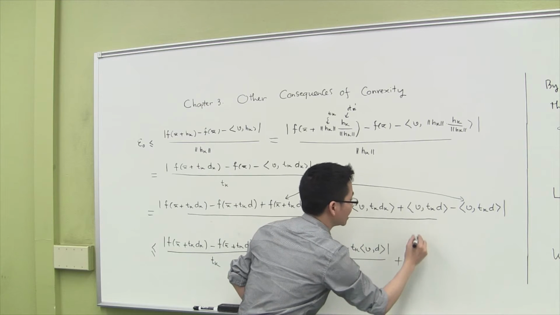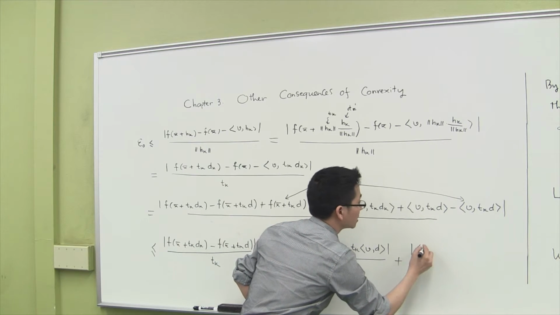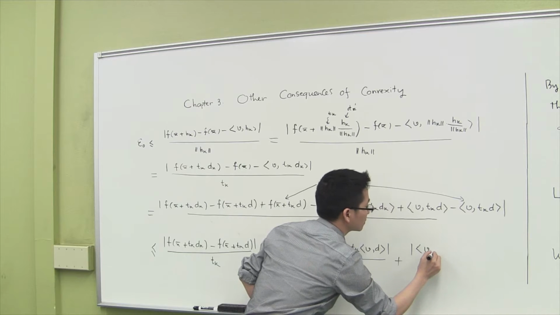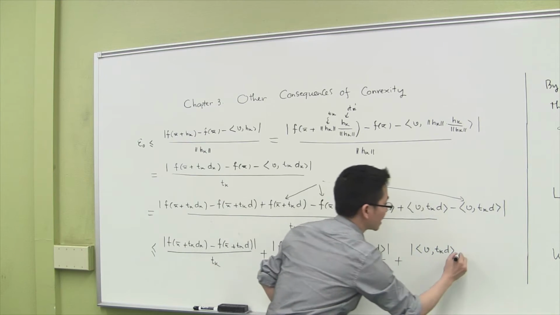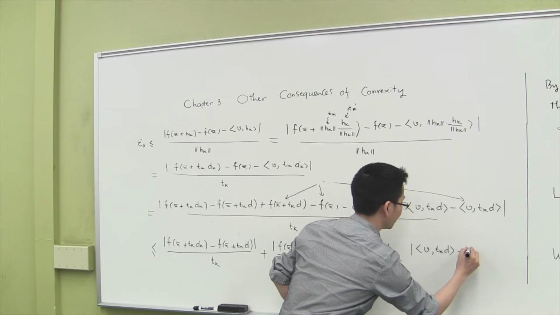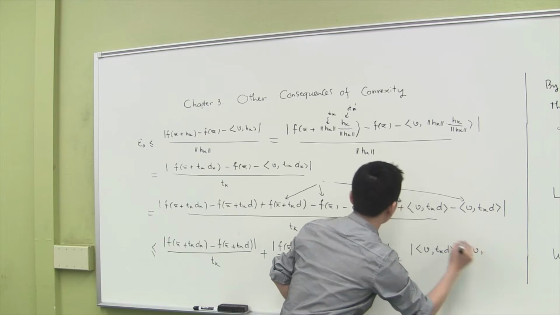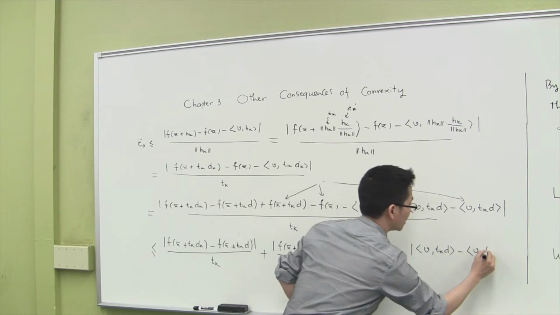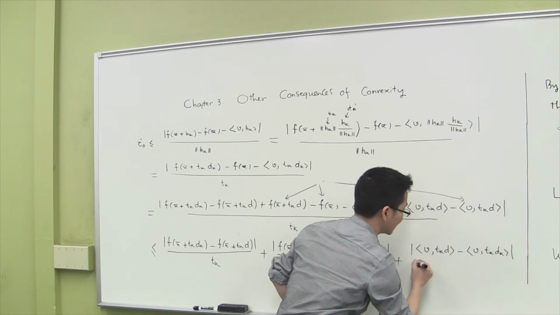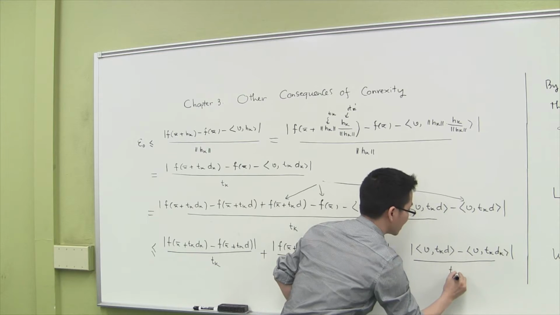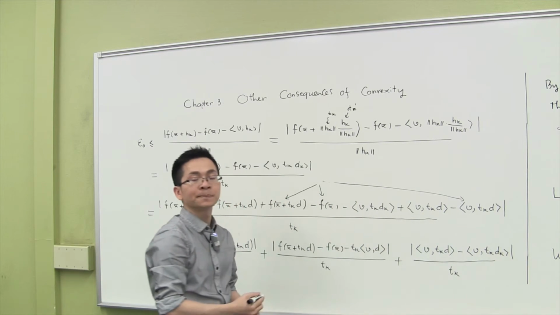So we can rewrite this as the inner product of v, and this is tk times d, minus the inner product of v and over here we have tk times dk. And again, everything is divided by tk.